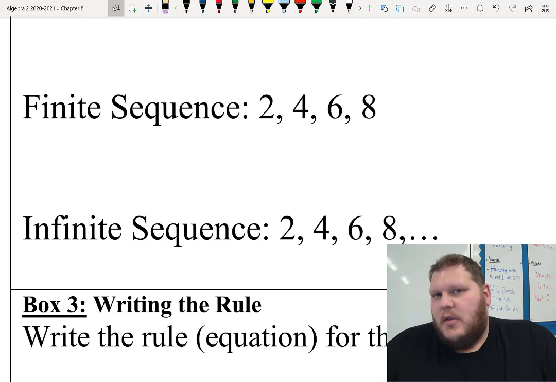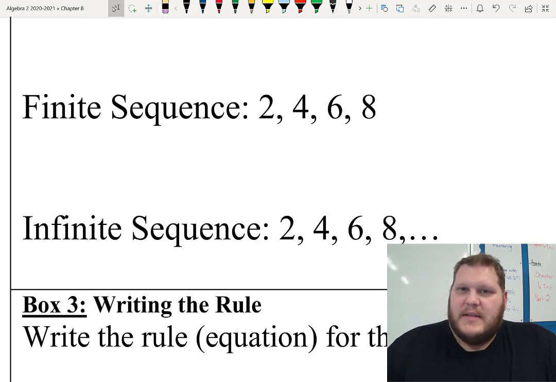If a sequence stops and has a last value in that list, we call that a finite sequence because it does not continue on forever. Our infinite sequence has those very important 3 dots at the end, meaning that it continues indefinitely. My domain continues further to the right, and I'll continue having terms further through my list.